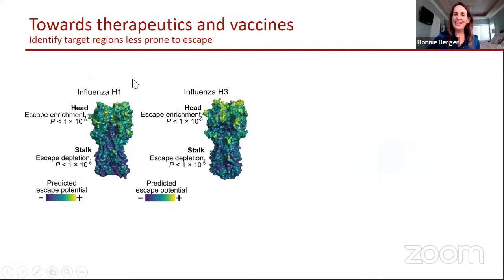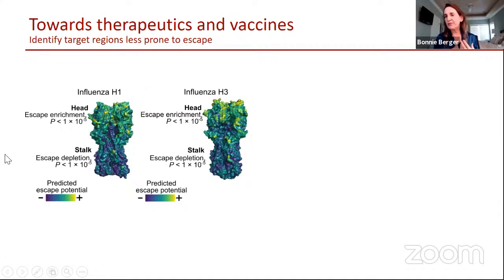So the idea is that we want to use this idea to help develop therapeutics and vaccines. And we want to identify, to do this, target regions that are less prone to escape.